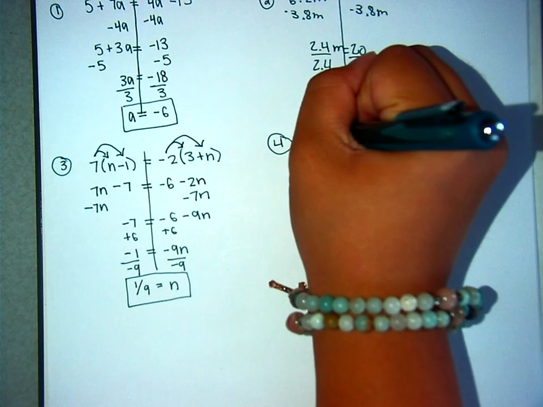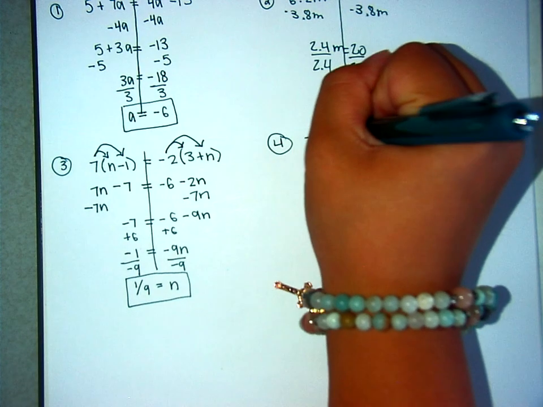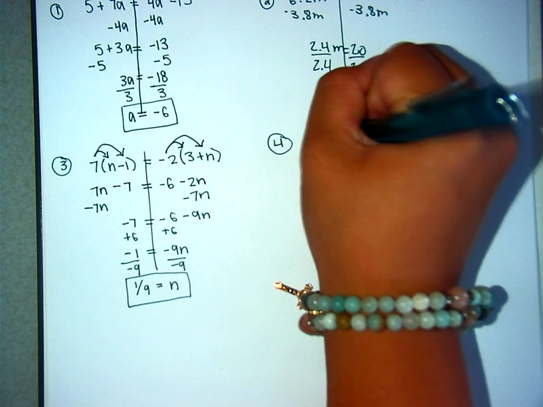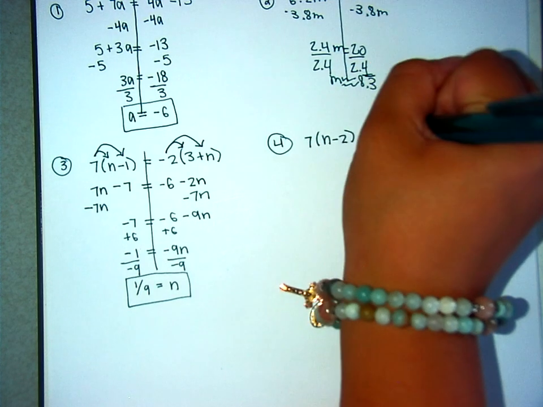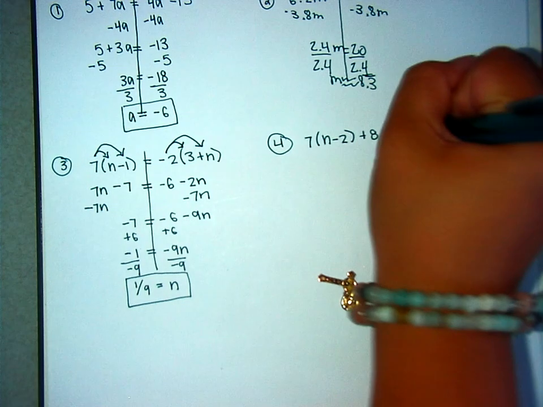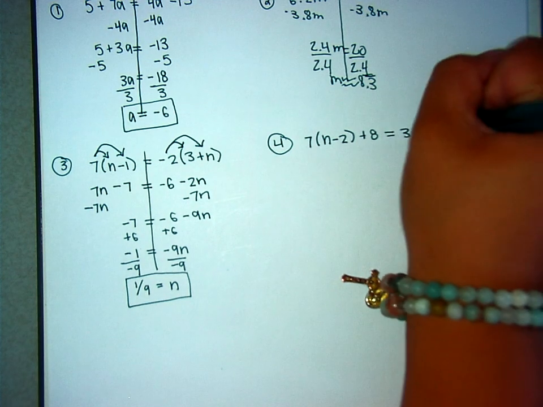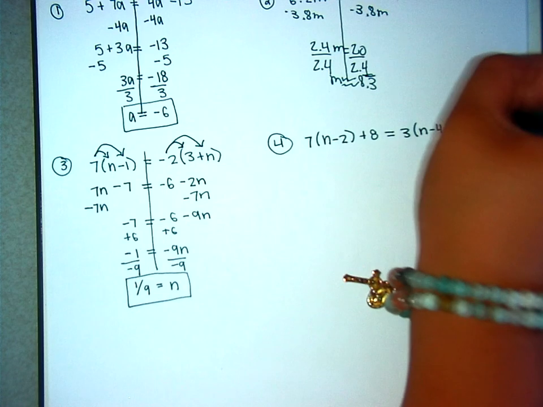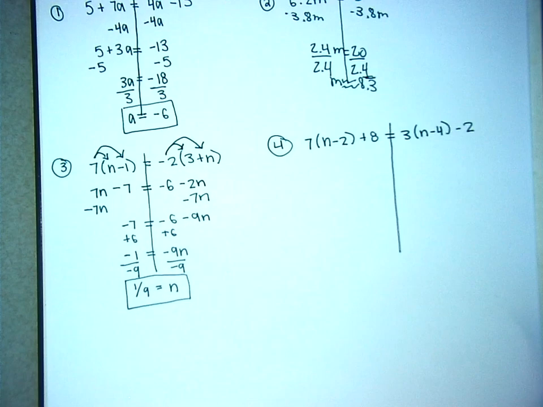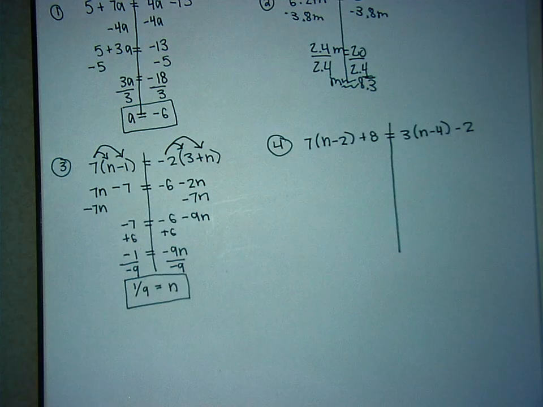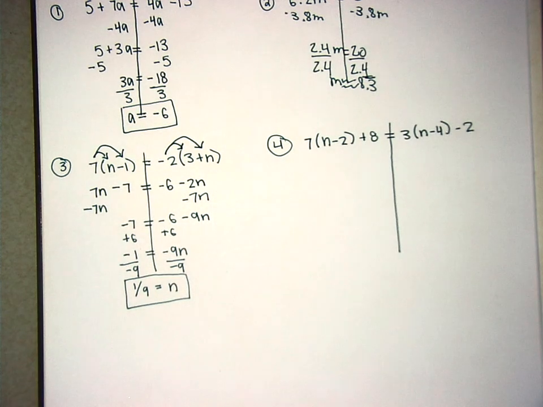Okay, this is the next problem, and this is with your partner. 7 times (n minus 2) plus 8 equals 3 times (n minus 4) minus 2.